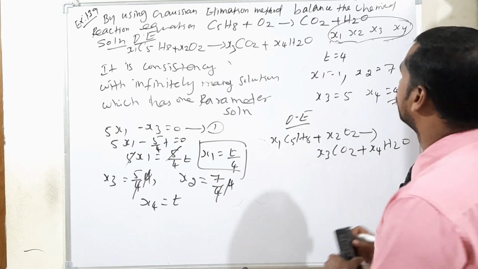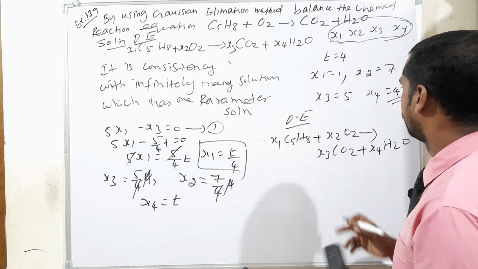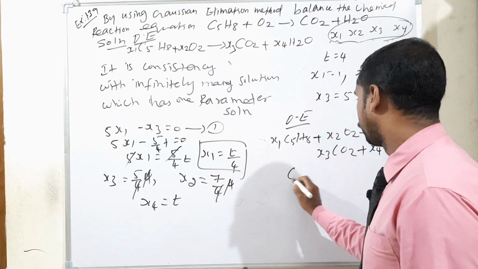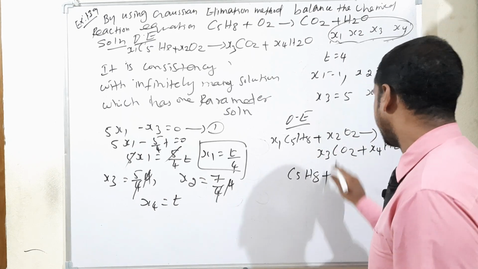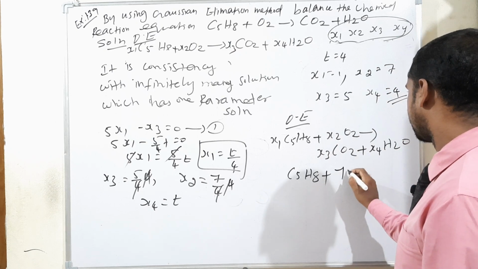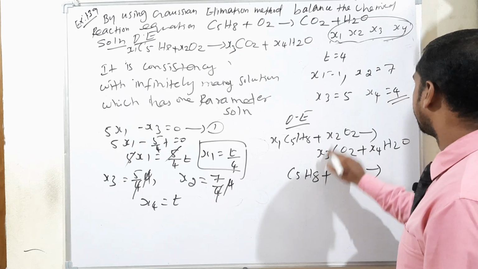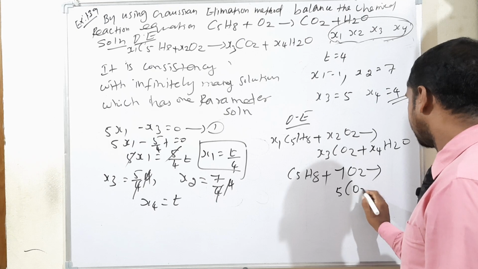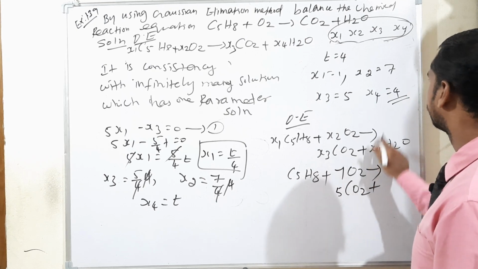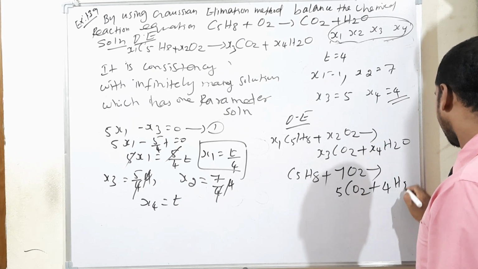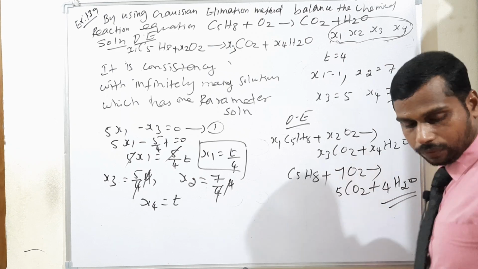Now we can write the balanced chemical reaction. x1 is equal to 1. Therefore the final answer: C5H8, x2 is equal to 7, so 7 O2 gives x3 value 5, so 5 CO2, then x4 is equal to 4, so 4 H2O. This is our needed final line.